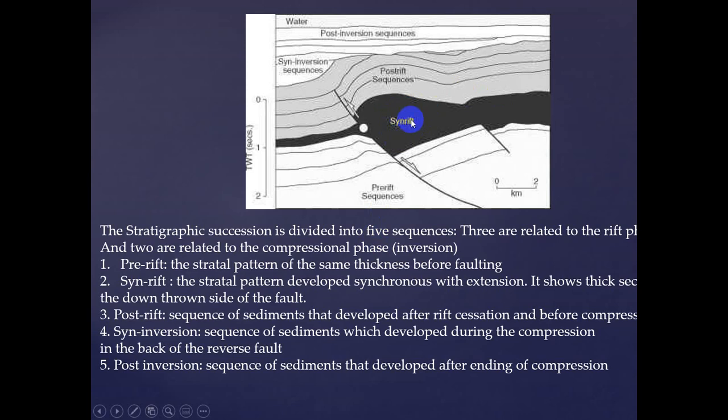One of the criteria of inversion is what's called a snake-head fold. Compare the gross thickness of the syn-rift sequence with that in the footwall of the fault. Look at the syn-rift sequence here. The folded sequence is much greater than the thickness of the syn-rift sequence in the footwall of the fault.